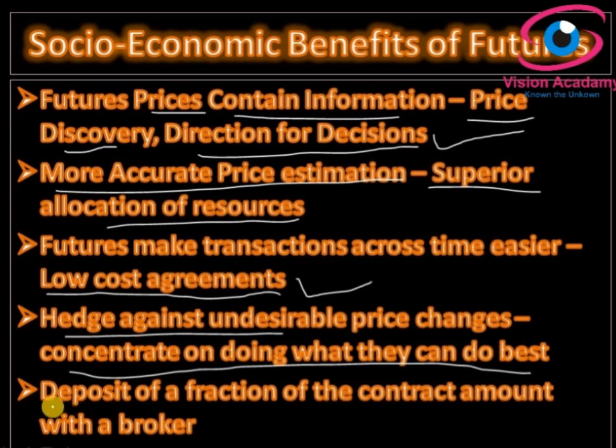Another economic benefit of futures contracts is that you deposit only a fraction of the contract amount with the broker. As in the earlier example, when I was briefing about margin and the cash market and futures market: in the futures market you deposit only 11% as margin over 2 lakh, whereas in the cash market you invest the whole 2 lakh.